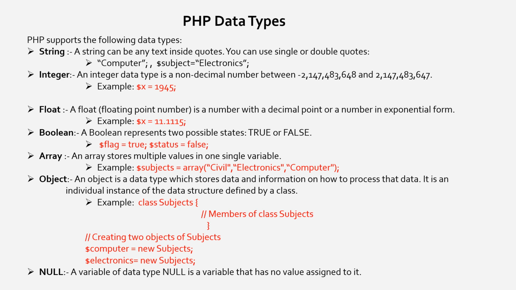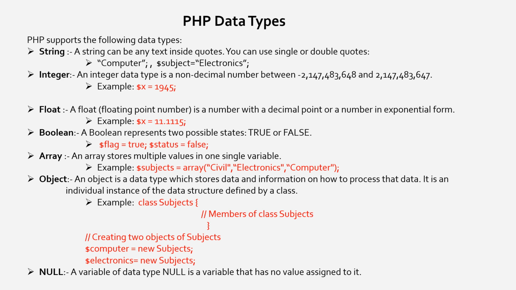For example, if within quotes you put computer, that is a string, and within quotes if you put, say, electronics, that is also a string. Here one example I have given is $subject equals a string. Here $subject is a variable in PHP. A variable starts with the dollar sign.